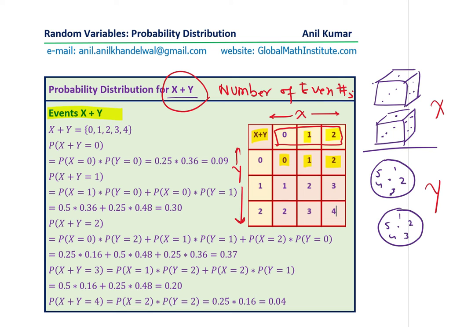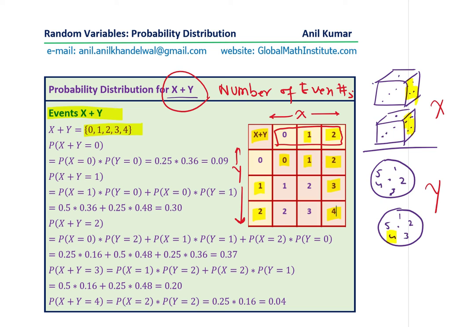However, if both give two even numbers, we could get four even numbers. And if one even number comes in one of these and two even numbers in the other one, we get three even numbers. So clearly, the variable x plus y could take the values 0, 1, 2, 3, or 4.